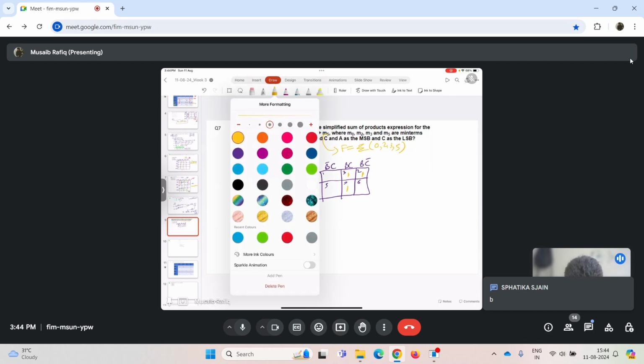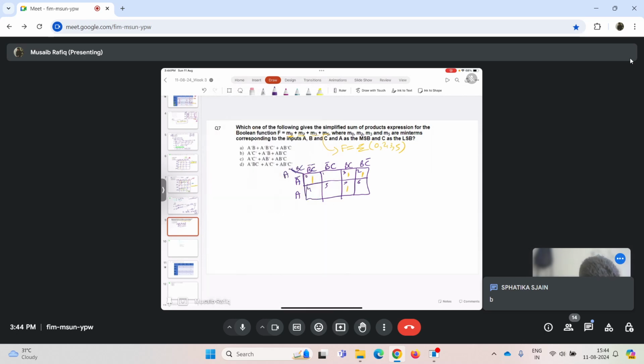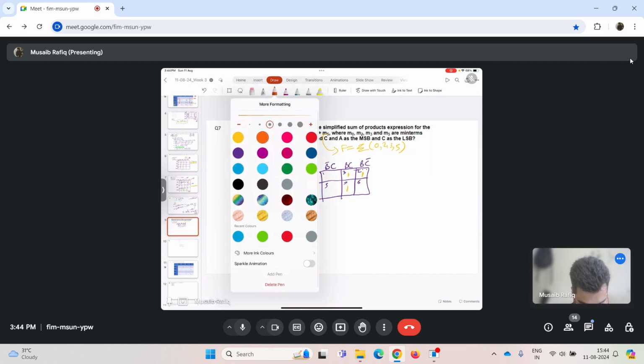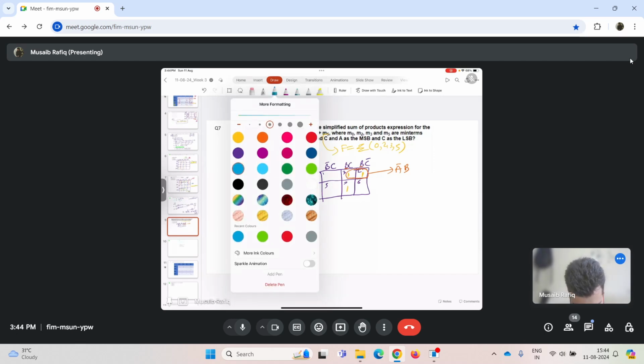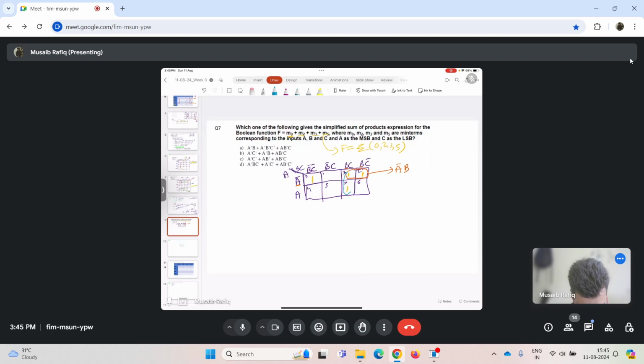Then I'll check for quads. No quad possible, then I'll take the pairs. So I have this pair whose contribution is A bar B. Then I will have another pair like this covering minterm 3 and 7, whose contribution is BC simply.